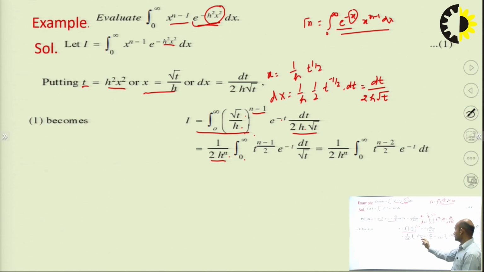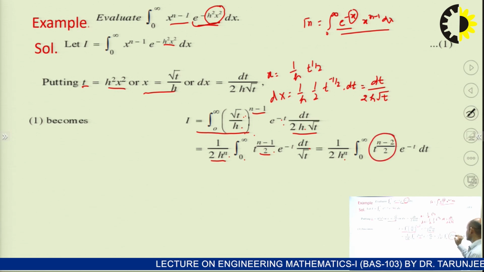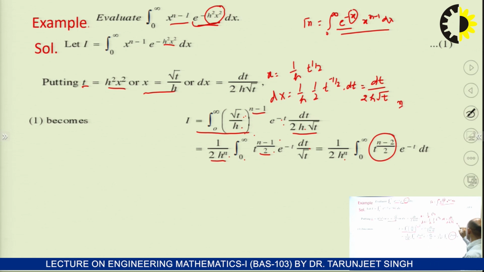Now the power of t, which is t raised to half, whole power n minus 1, gives t raised to n minus 1 upon 2. Then we have e raised to minus t, and 1 upon root t. On simplification, we get 1 upon 2 h raised to n, integration 0 to infinite, and the power of t is n by 2 minus 1, including the minus half.